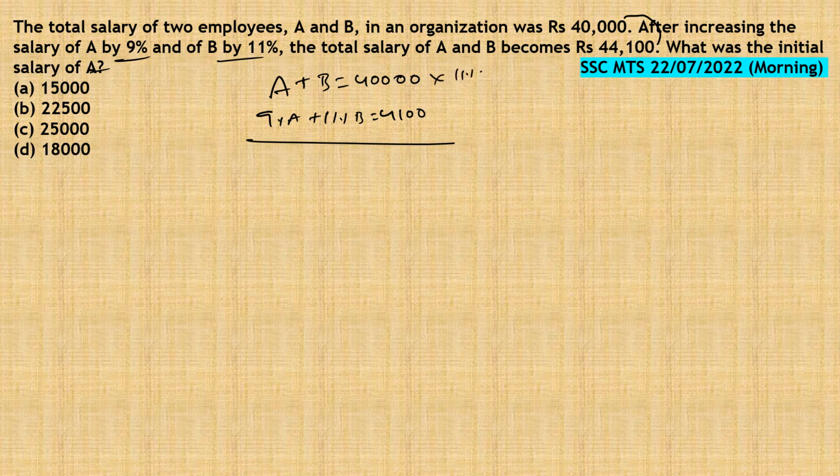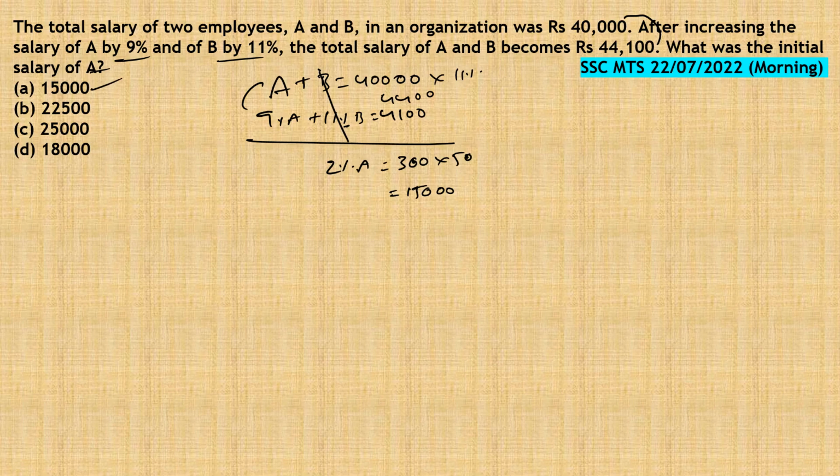We can get the salary of A by eliminating B. Multiply by 11%: 11% of B minus 11% of B gets eliminated. 11% of A minus 9% of A is 2% of A. 11% of 40,000 is 4,400. 4,400 minus 4,100, that is 300. We need to find the 100% salary of A, so multiply by 50 on both sides. 15,000 is the salary of A.